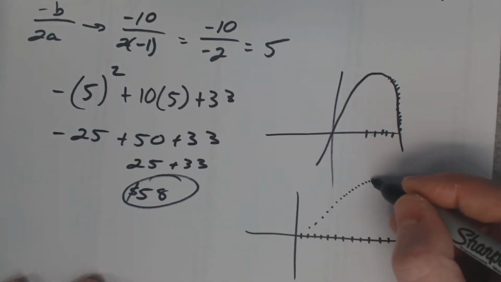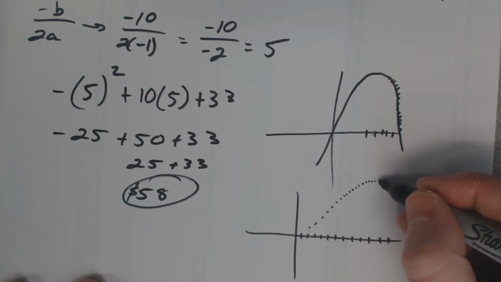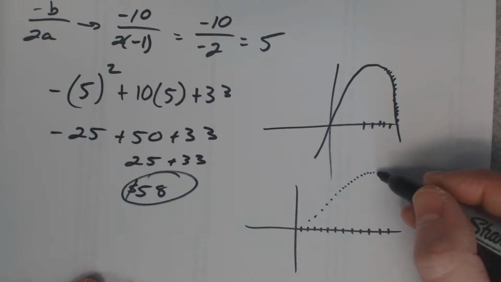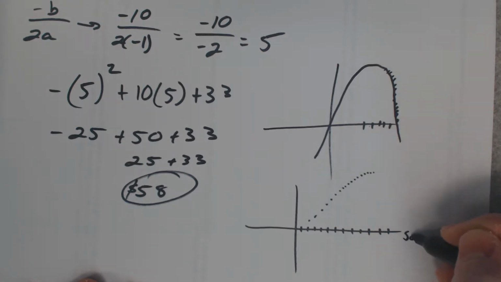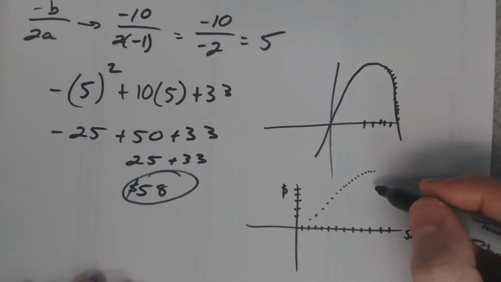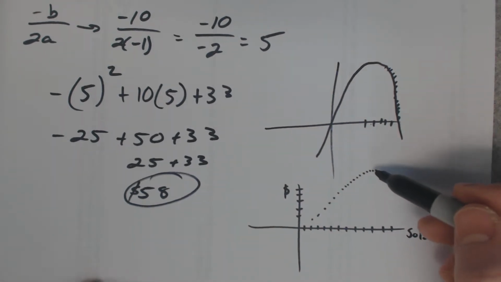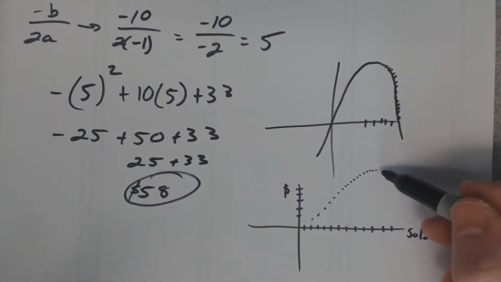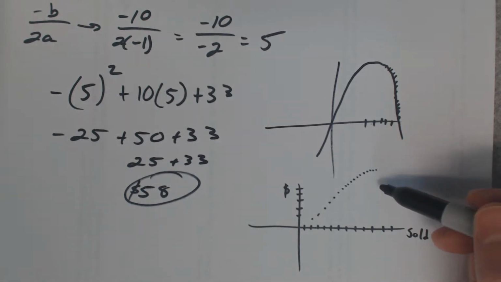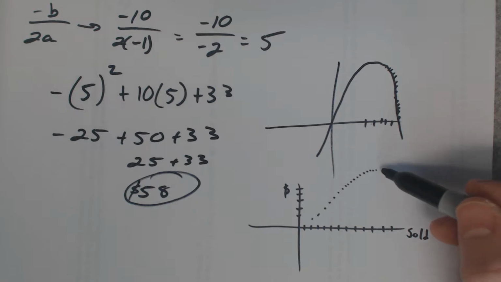But here's the thing. At a certain point, you can't handle selling a whole bunch of cars. So this is the cars sold, and this is going to be your money, right? Your profit. And think about it. The more cars you sell, the more people you got to hire, the more cars you need to produce. The more cars you produce, it might cost more to produce them because your factory is overloaded.